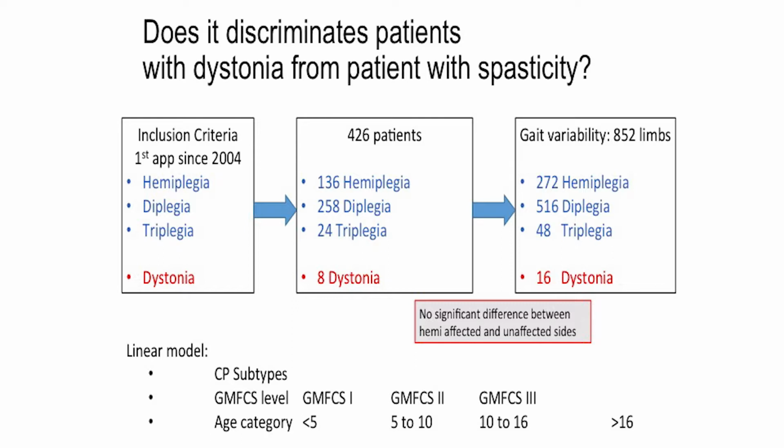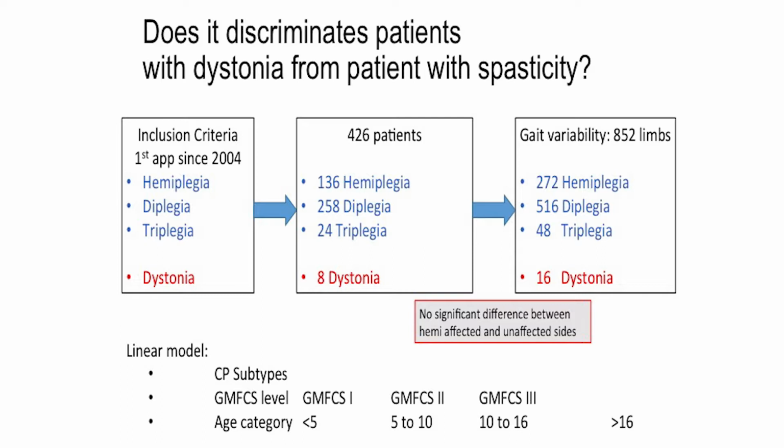The blue ones are spastic, so spastic hemiplegia, spastic diplegia, spastic tetraplegia. I know I should not only put diplegia without the word spastic in front of it, but that's what I've done. At least I changed the color. It's blue for spastic, and it's red for dystonia. So this search through our database returns 426 patients.